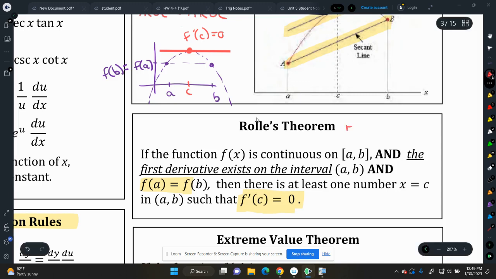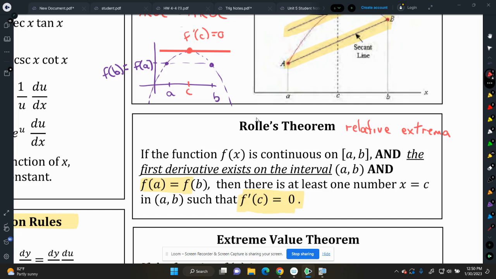Rolle's theorem is talking about relative extrema. Rolle's theorem says, hey, if I have an f of a and an f of b that are equal, somewhere in between it must have turned, which means somewhere in between I've got a relative minimum or relative maximum.